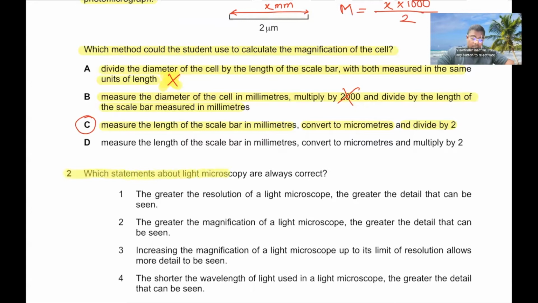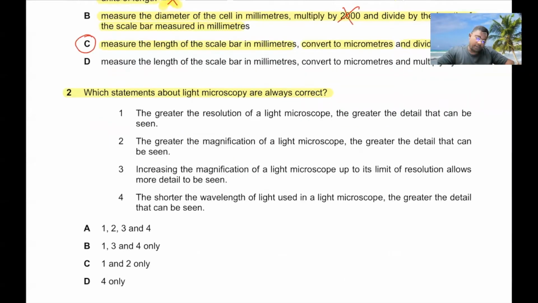Question 2. Which statements about light microscopy are always correct? The greater the resolution of a light microscope, the greater the detail that can be seen. Yes, if the resolution is greater, then definitely we can see more detail. Point number 2, the greater the magnification of a light microscope, the greater the detail that can be seen.